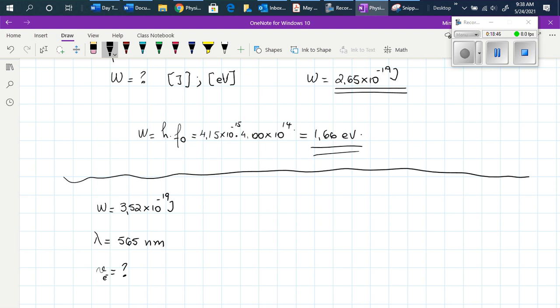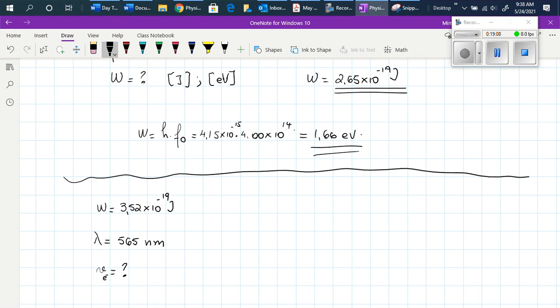Okay, the photoelectric effect is explained with the conservation law of energy. As the photon collides with the electron, all the energy that the photon has is given to the electron. Conservation, so there is no loss of energy there.